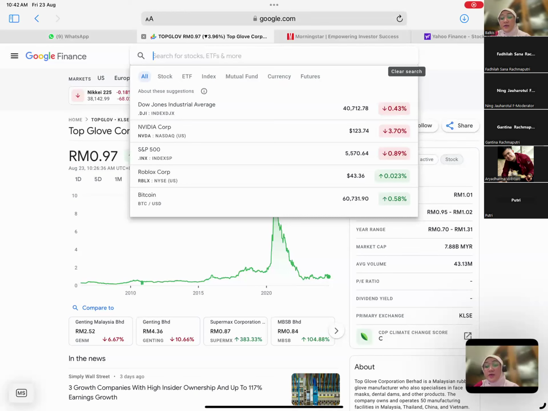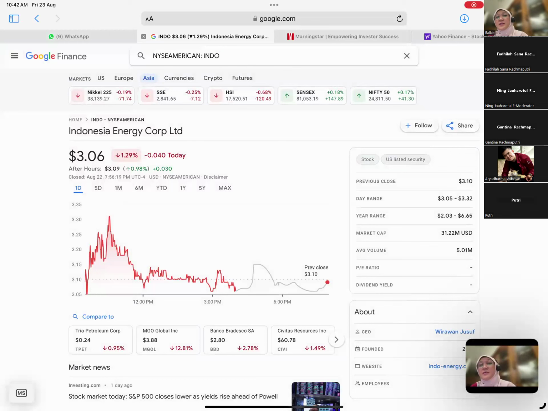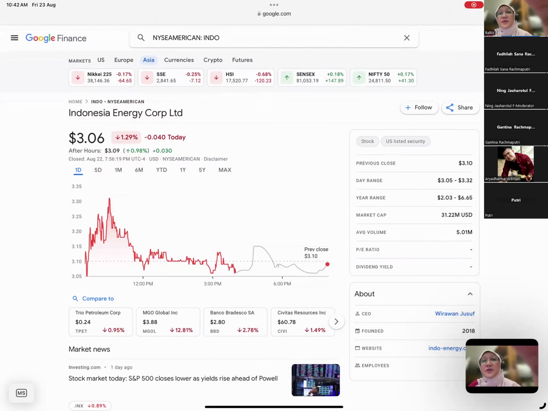Means that if you know part of your sample are Indonesian companies, for example, here is Indonesia Energy Corporation Limited. This is the Indonesian company.